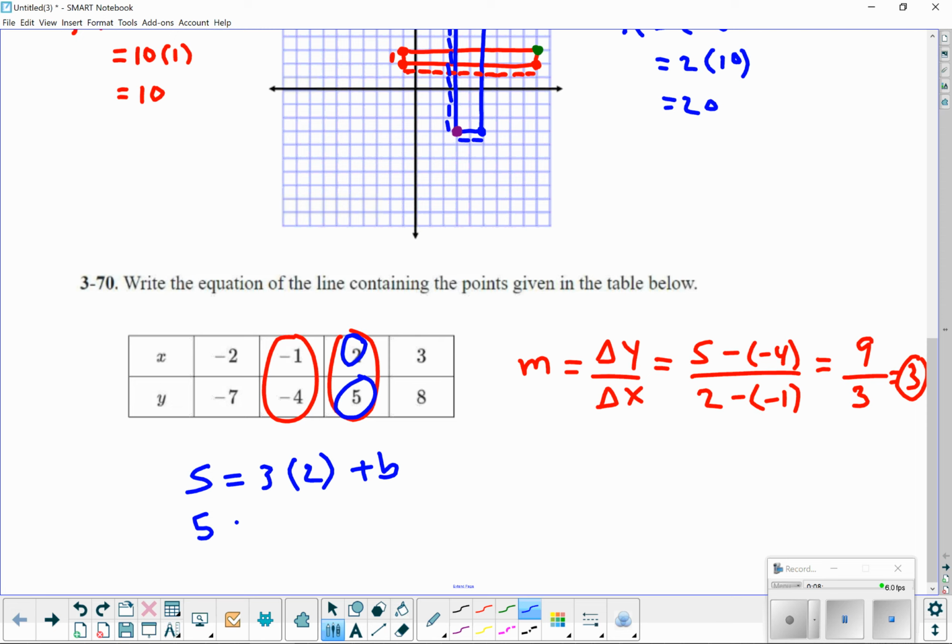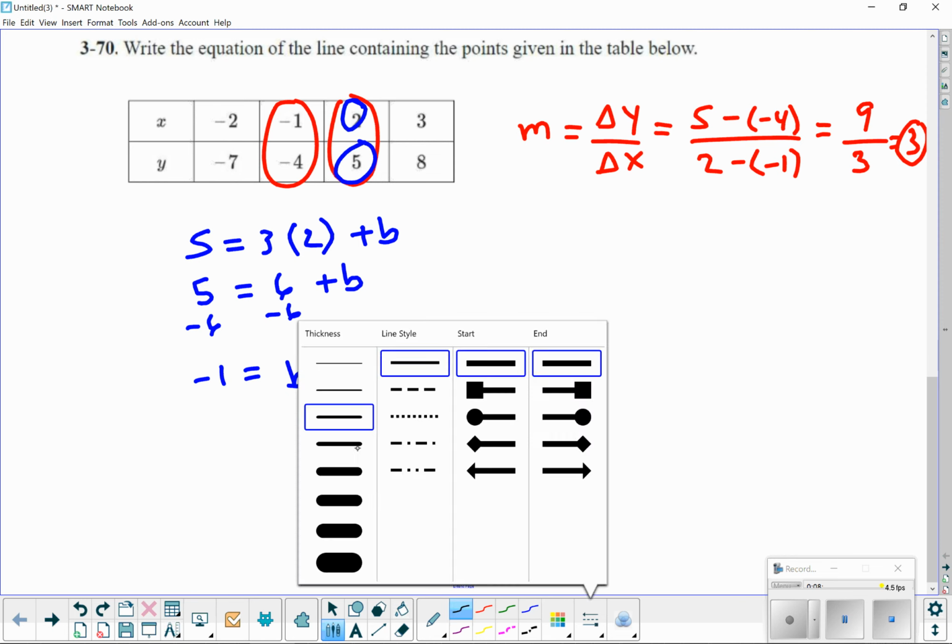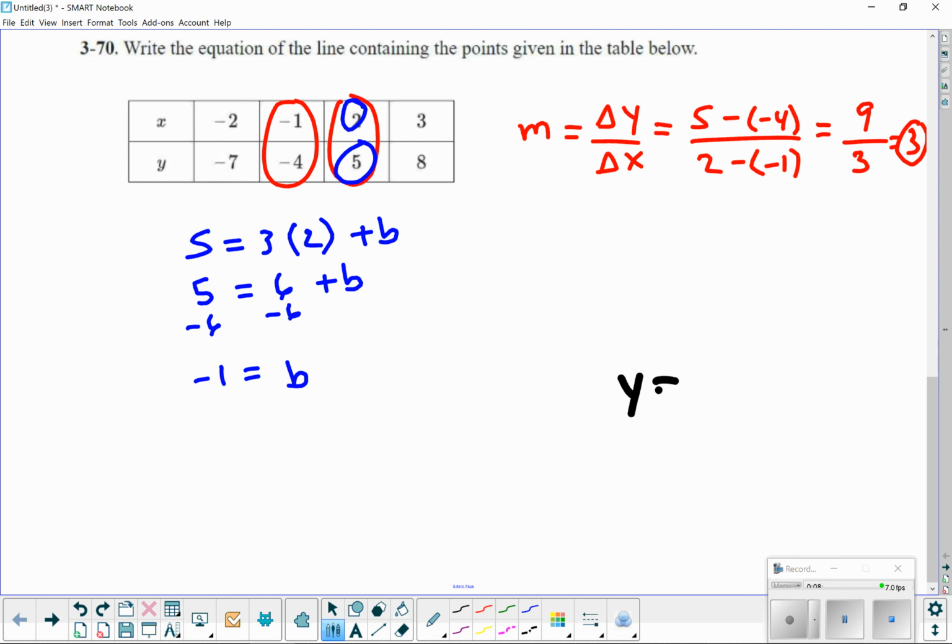I get 5 equals 6 plus b, minus 6 from both sides. And I get b is equal to negative 1. So my final answer, y equals m, which is 3 from here, x plus negative 1, which is b, and I don't have to put plus minus. I can just put in minus 1. So my answer, y equals 3x minus 1.